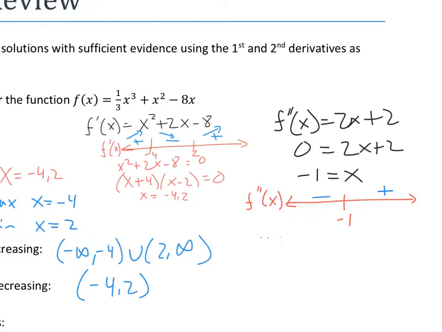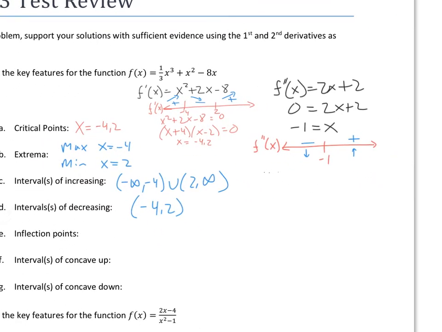So this is concave down, and this is concave up, all right? So that's our concavity. So we can come over here. We do have an inflection point because it changes. Inflection point is at x equals -1. Interval is concave up is going to be from -1 to infinity. Concave down would be from -infinity to -1.